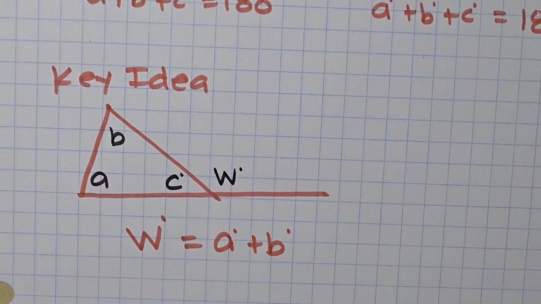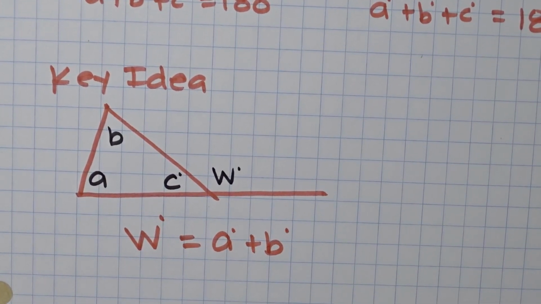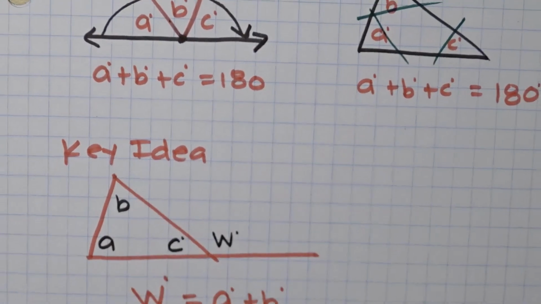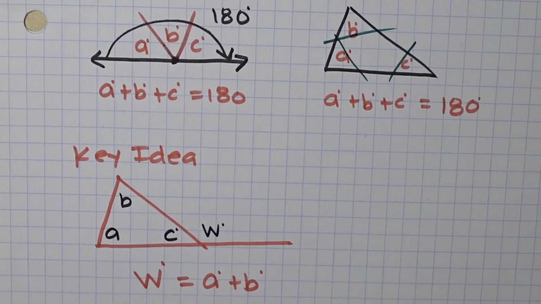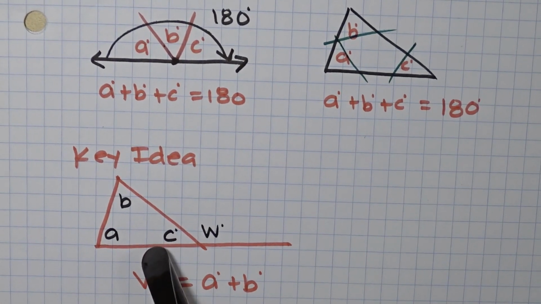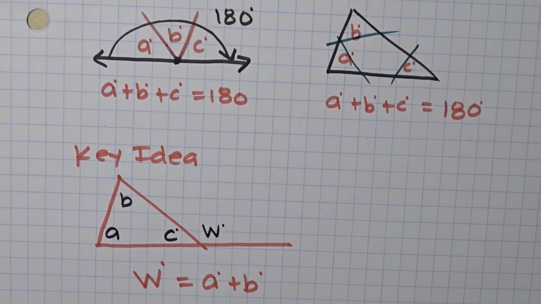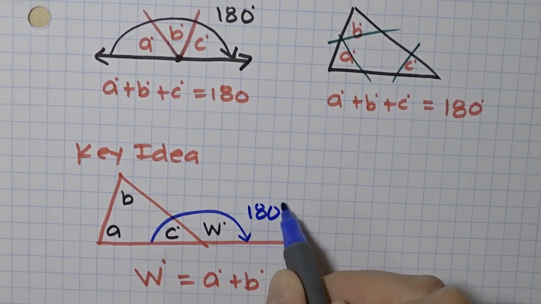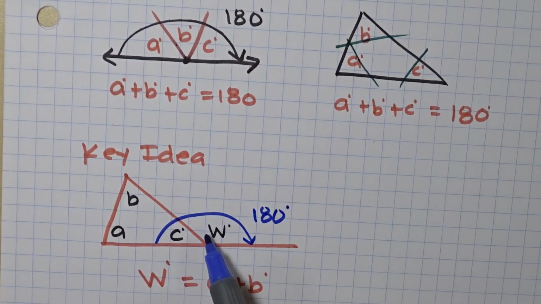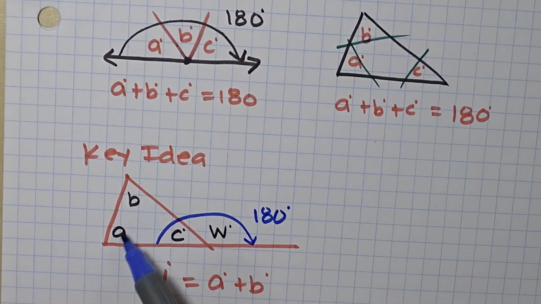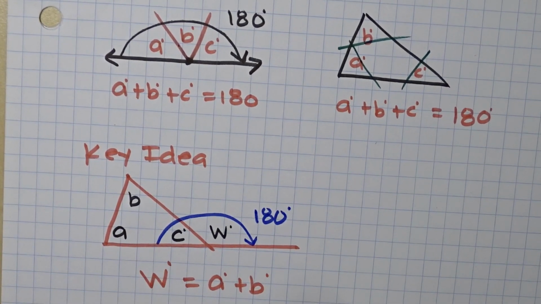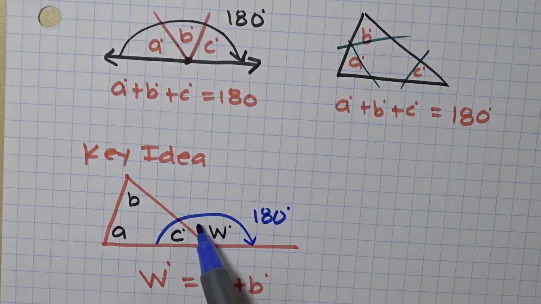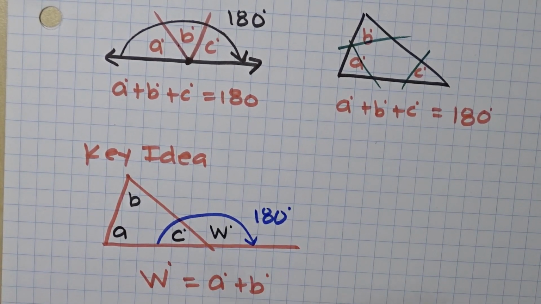Now why is that? Because if I already have angle C here on this straight angle, I know that's 180. So if I have C, the only two angles missing are A and B. And A and B together will indeed fill in this space where the W angle is.